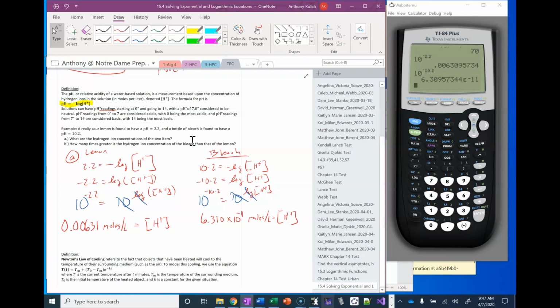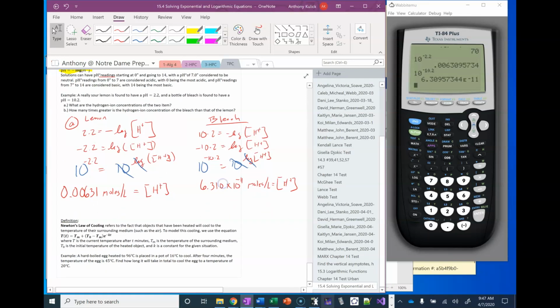Well, it's the lemon, so really we want the lemon on top and the bleach on bottom. So I can take this number divided by this number, and I get this.